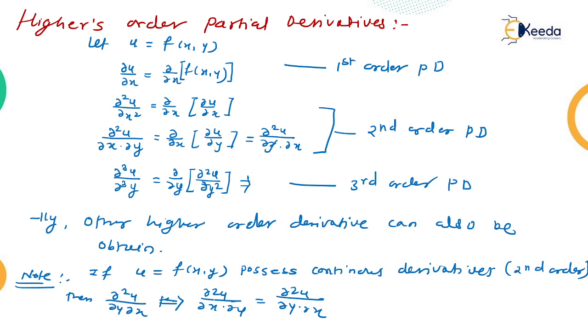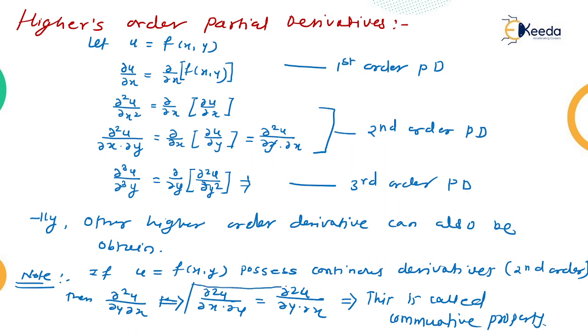It means differentiation of u with respect to first y and then x. Observe again the RHS, differentiation of u a second time with respect to first x and then y. So that is called the commutative property. This means both are the same.